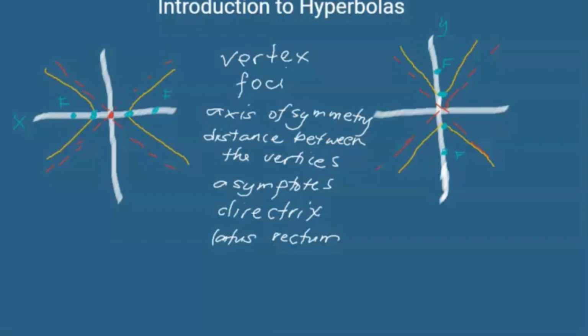There are also two lines on each graph. So let's start with the horizontal hyperbola. These red dotted lines are called asymptotes.